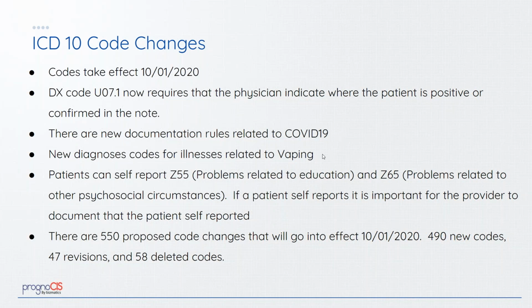The doctor would notate that the patient self-reported and then sign off on it. And then we will send you with these slides the 58 deleted codes that are no longer going to be effective after tomorrow. But again, if you have encounters open and you need to use one of the deleted codes from a previous date, you can reactivate them.